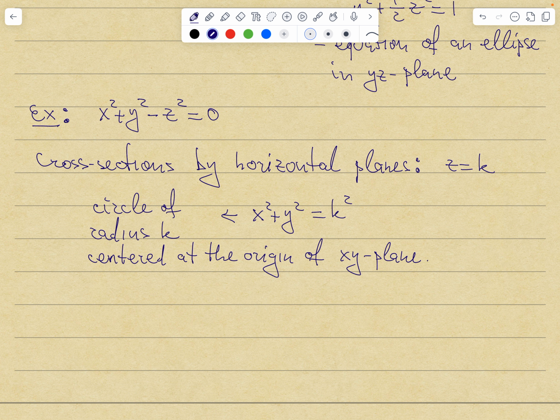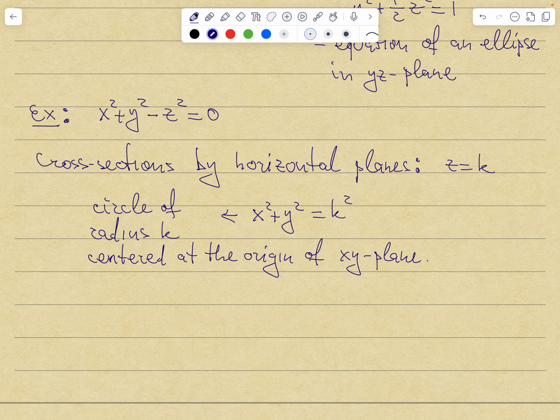Okay, so that means that if I take my surface and intersect it by any horizontal plane, I will get a circle. Not only that, but as k gets bigger, the radius of the circle gets bigger, right? In fact, the radius of the circle is always equal to k.